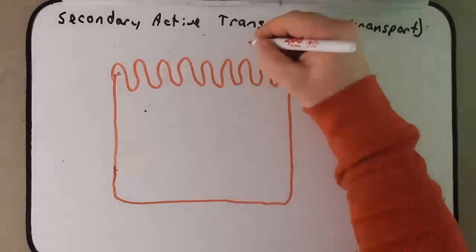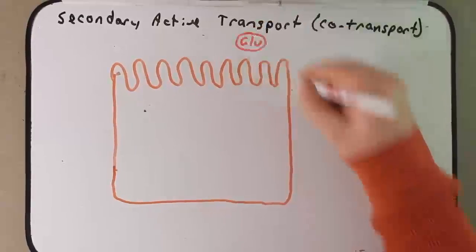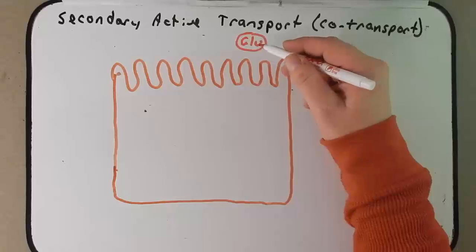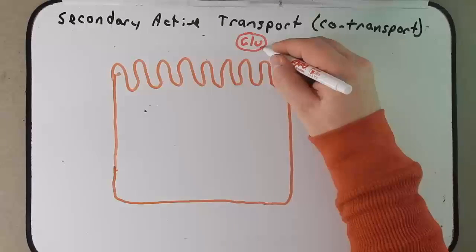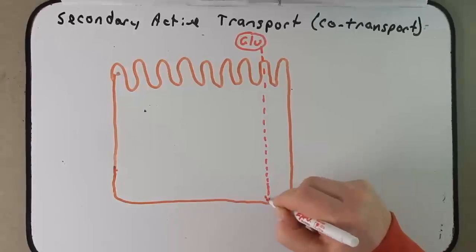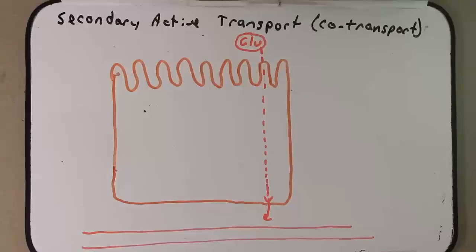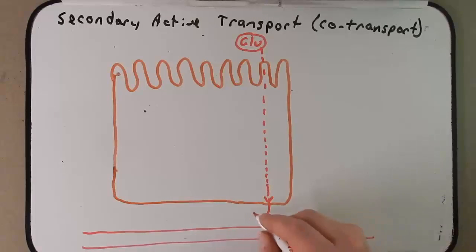One of the goals is to get glucose, which I'll just abbreviate GLU, from the lumen of our small intestines through these epithelial cells and out the other end to enter our circulatory system so that glucose can be moved to other parts of our body.